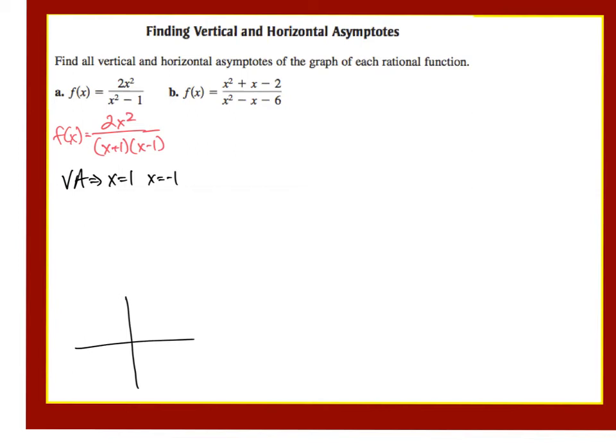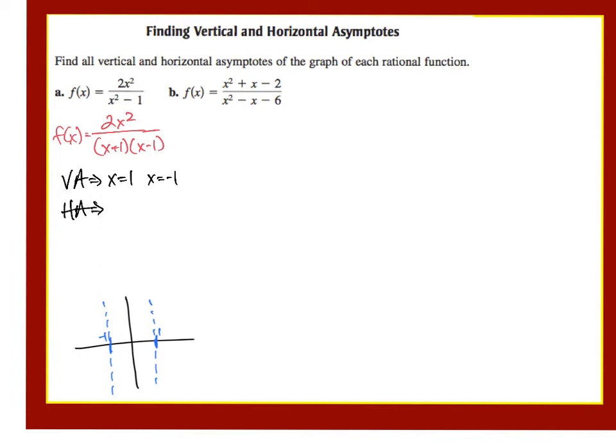Why not? So at x equals 1, I have a vertical asymptote. And then at x equals negative 1, I also have a vertical asymptote. What's my horizontal asymptote? What do I need to look for? My higher powers. Where's my higher powers at? They're the same. So what do we need to look for?